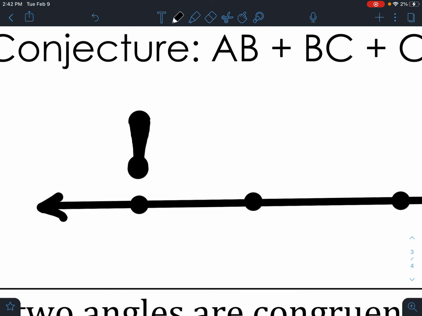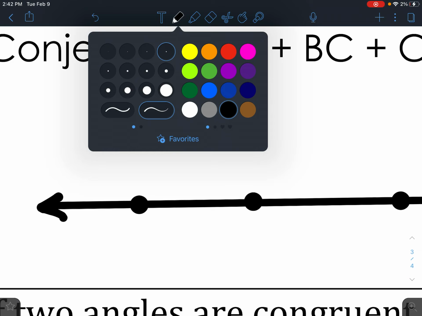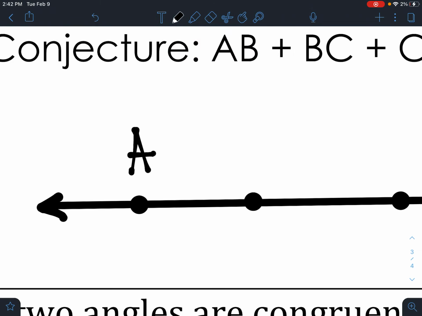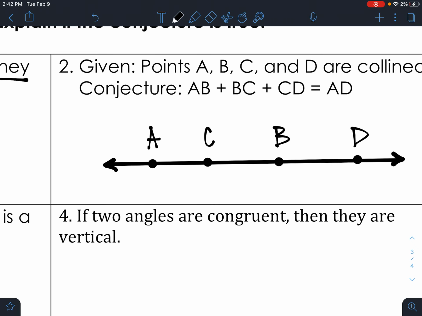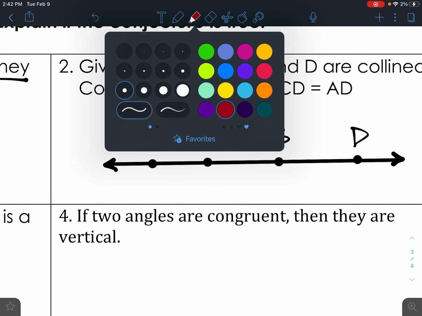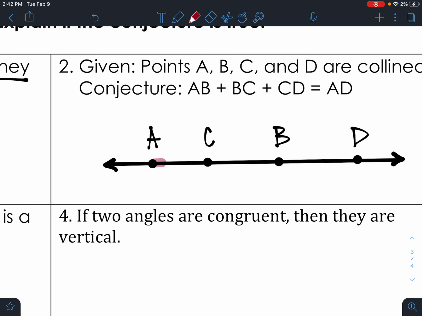What if I went A, whoopsie, that's kind of bold, A, C, B, and D. Would this be a true statement? If I added this length of AB with this length of BC, and then this full length again of CD, would that equal the full length of AD?